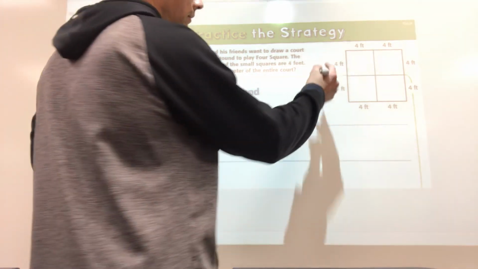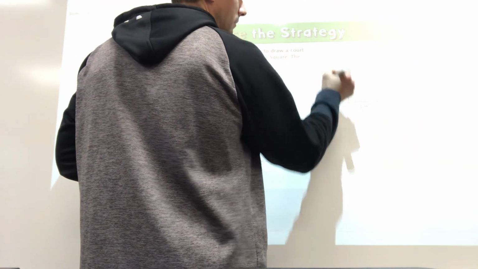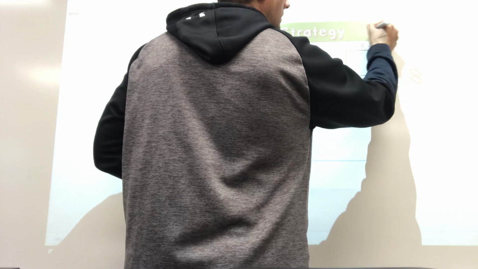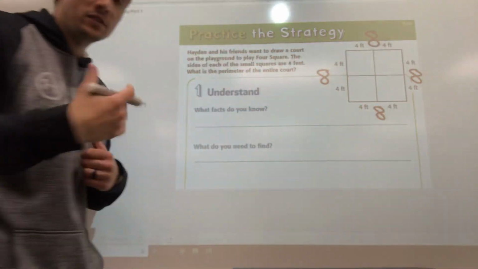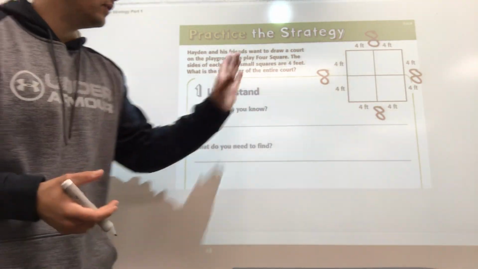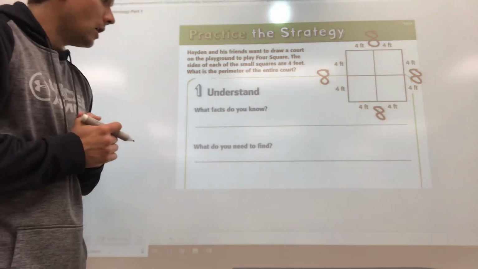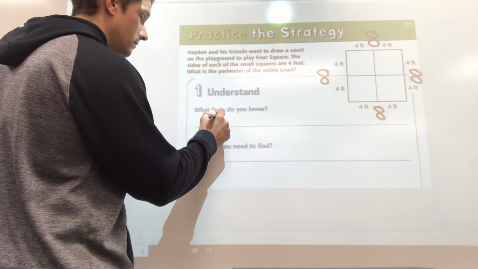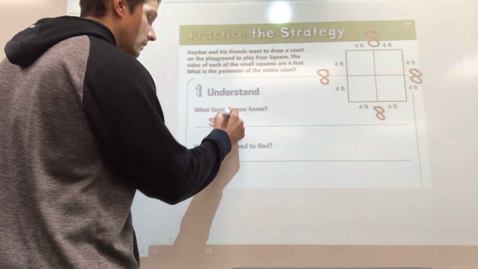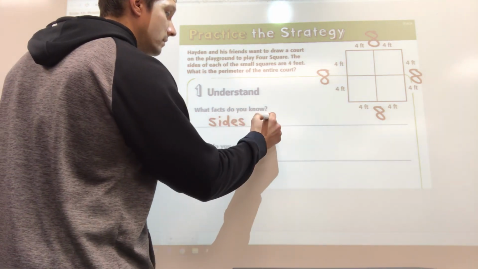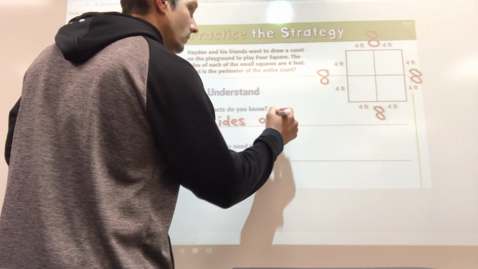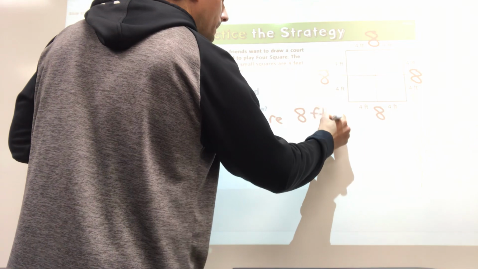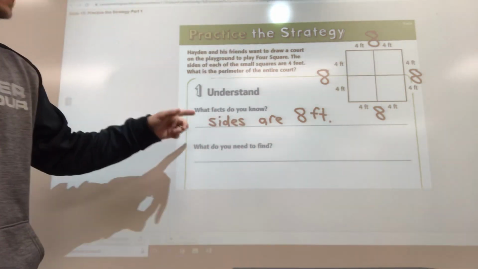Well, we can just simply write 8, 8, 8, and 8. That is the new side length of the new square that they created. So the fact that we know is that the sides are 8 feet.